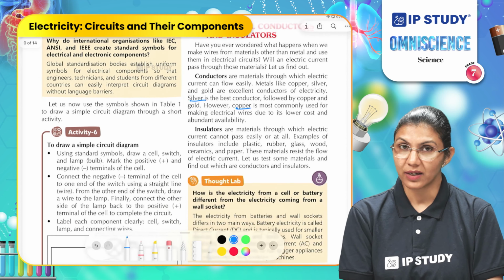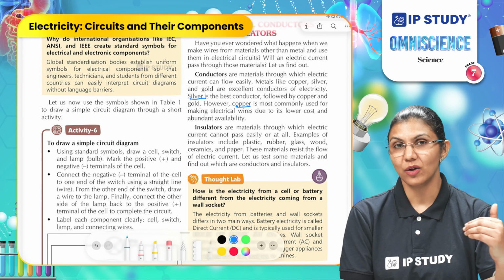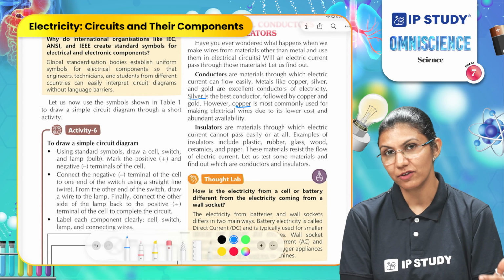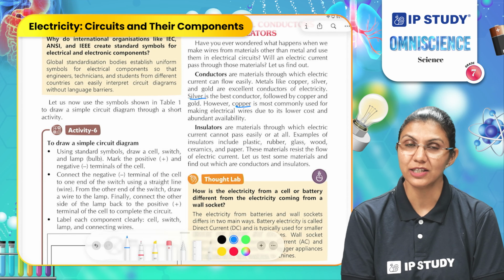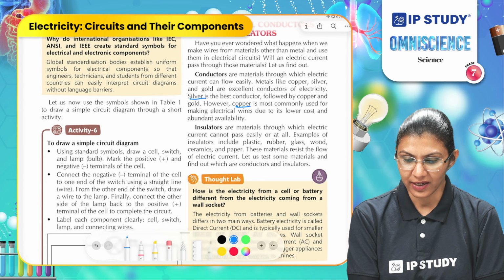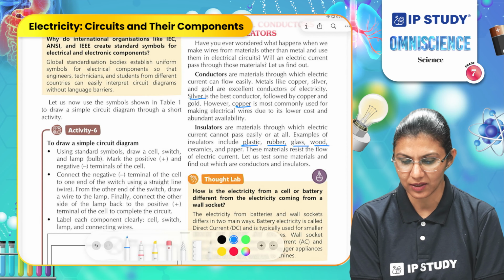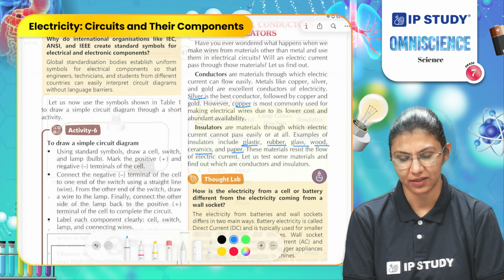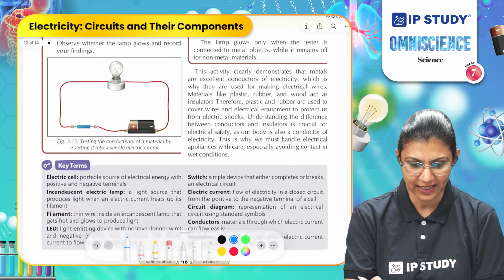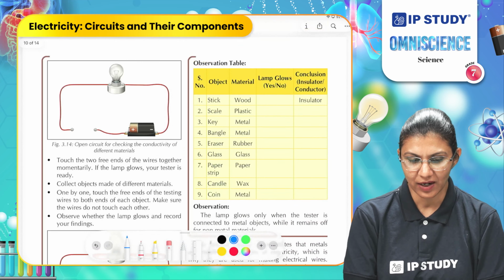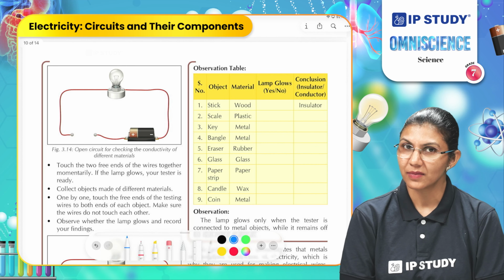And what are the other types of material which are not permitting electricity to flow through them? These are insulators. For example, plastic, rubber, glass, wood, ceramic, paper and many other things. Okay, so how can we test these materials? First, we need to make a circuit.